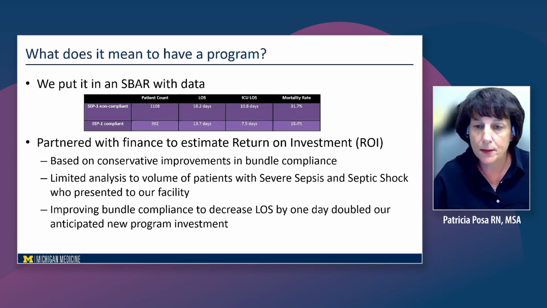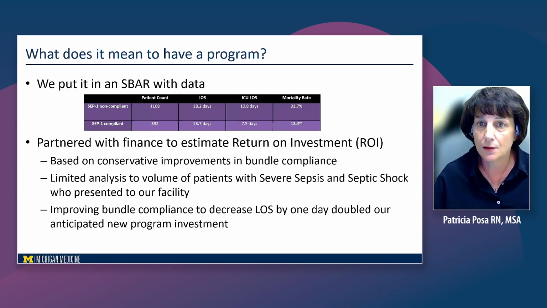So again, we put an SBAR together to request the different components of a sepsis program, and it was beyond just the sepsis coordinator that we were requesting right during COVID. So the data we supplied, you can see here on the screen, looked at whether we were compliant with SEP 1 or non-compliant, and what was the difference in outcomes of interest: length of stay, ICU length of stay, and mortality rate.